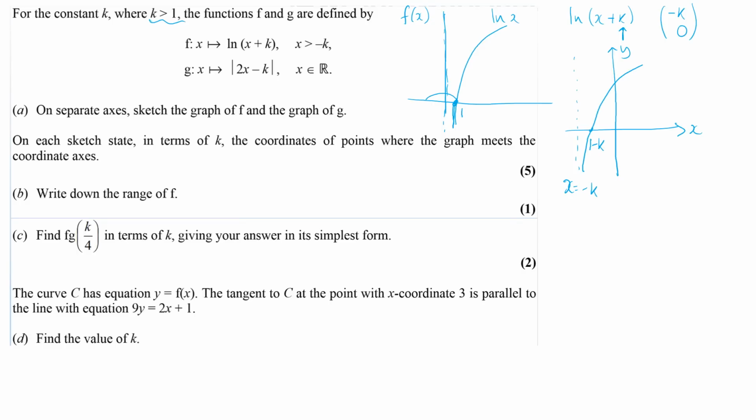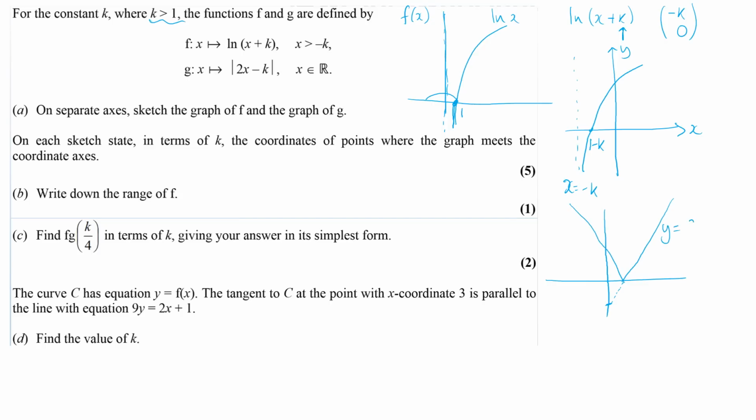G is a modulus graph, and let's just think of, say, k was 3, 2x minus 3. It would come down, and obviously it would be going through, because k is positive, then it would have y-intercept minus k down there. But because it's modulus, we're going to reflect it up.